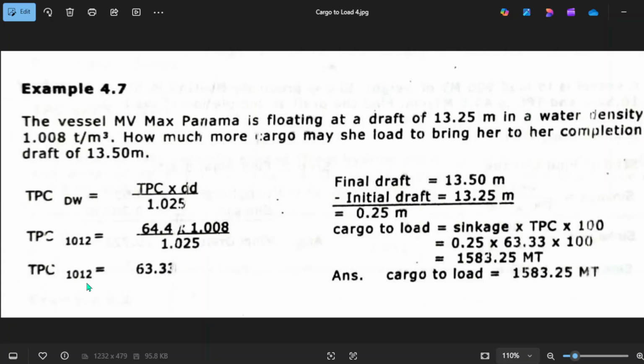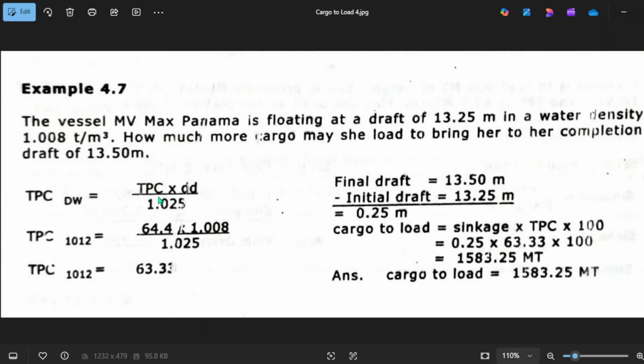And I don't understand why he has to use 1.012 when instead the density is 1.008, okay, until completion. But he put here 1.012 until completion of 1.012. But anyway, we just discuss this part. So he wants to adjust this dock water TPC to 1.012, which is 63.33.